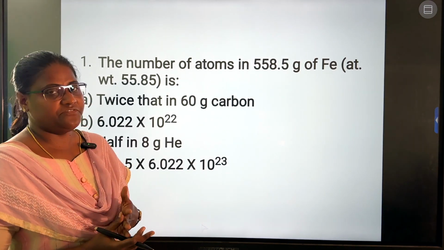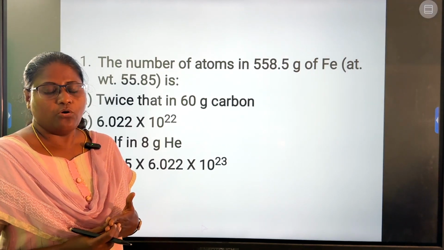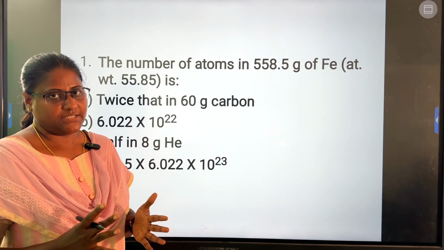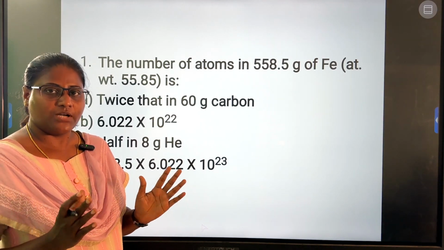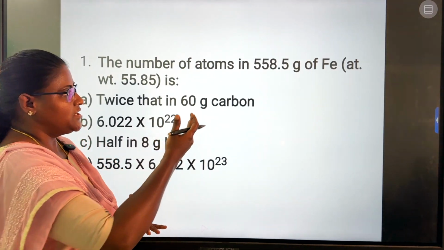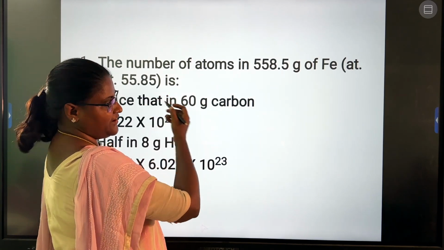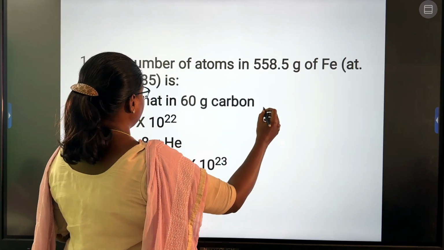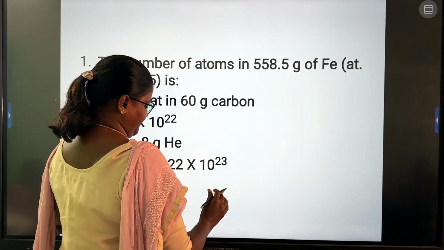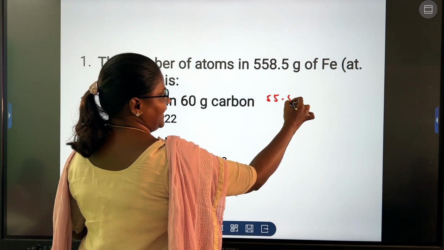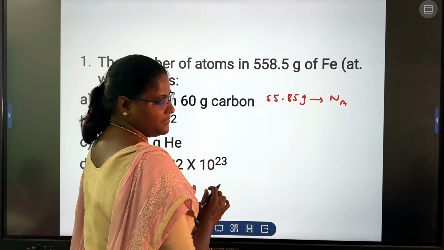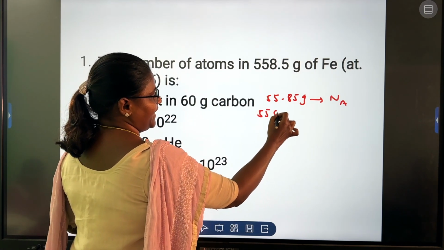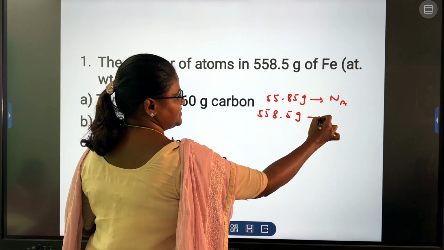So listen, 558.5 grams. We know 1 mole of any substance contains the Avogadro number of atoms, so you try to correlate only the mass with the number of atoms. The mass of iron is 55.85 grams, which contains the Avogadro number of atoms. Then what does 558.5 grams mean?